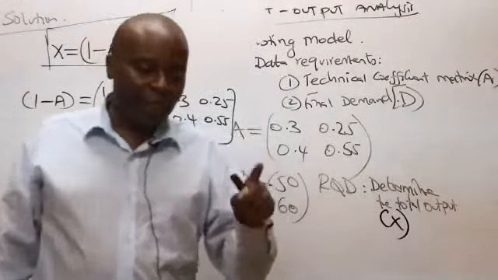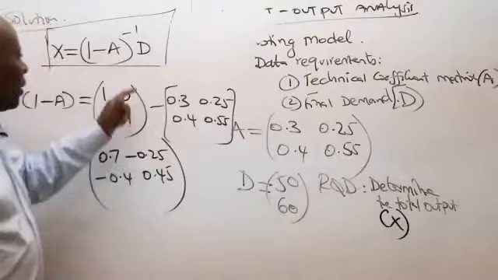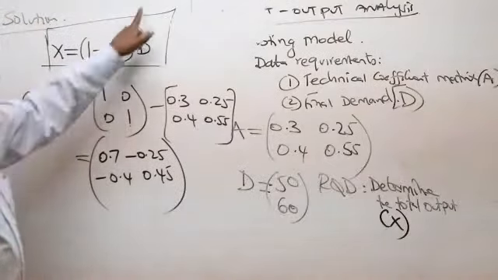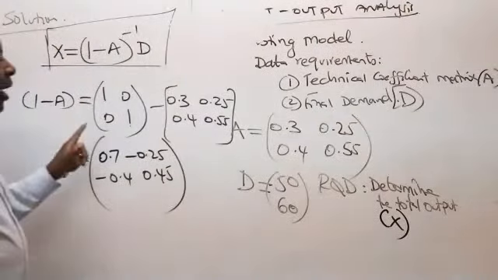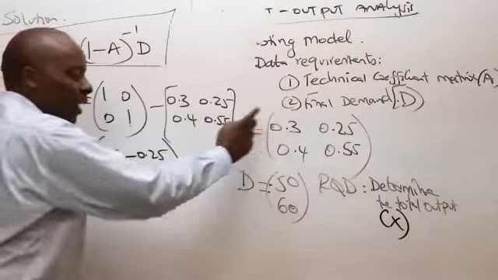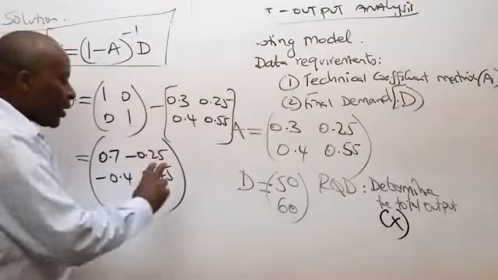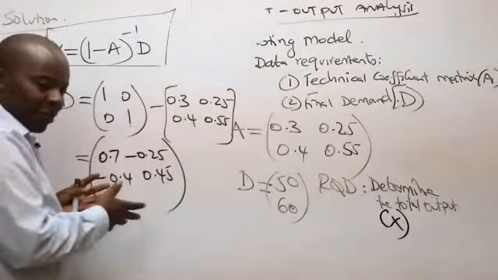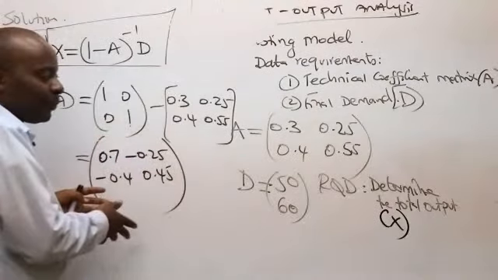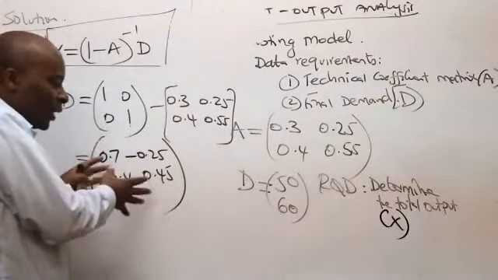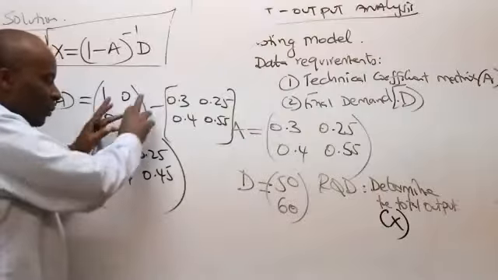Find the inverse. Thank you very much. Because this raised to minus 1 means inversion. So remember, we are not getting the inverse of A, we are getting the inverse of I minus A, the result of our subtraction here.